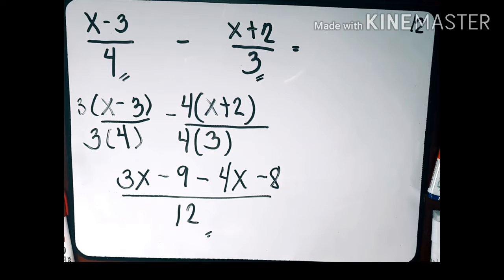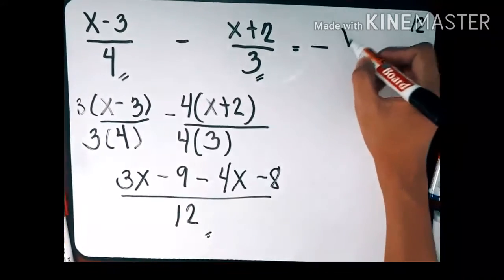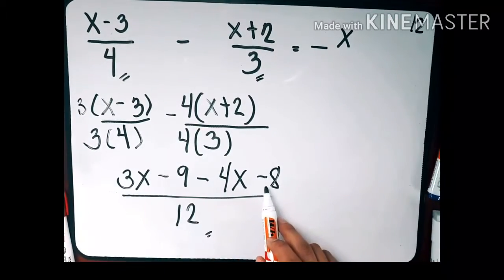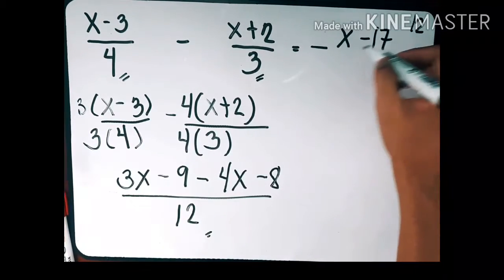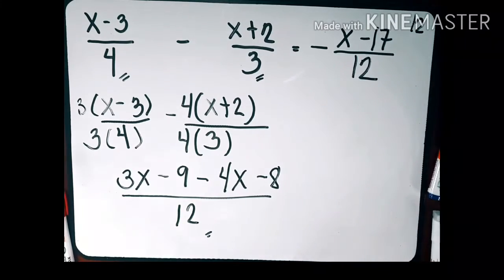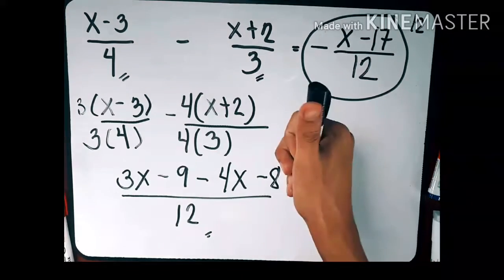So, combine na lang natin yung like terms. 3x minus 4x is negative x. And negative 9 minus 8 is negative 17 over 12. So, ito yung final answer. Okay?